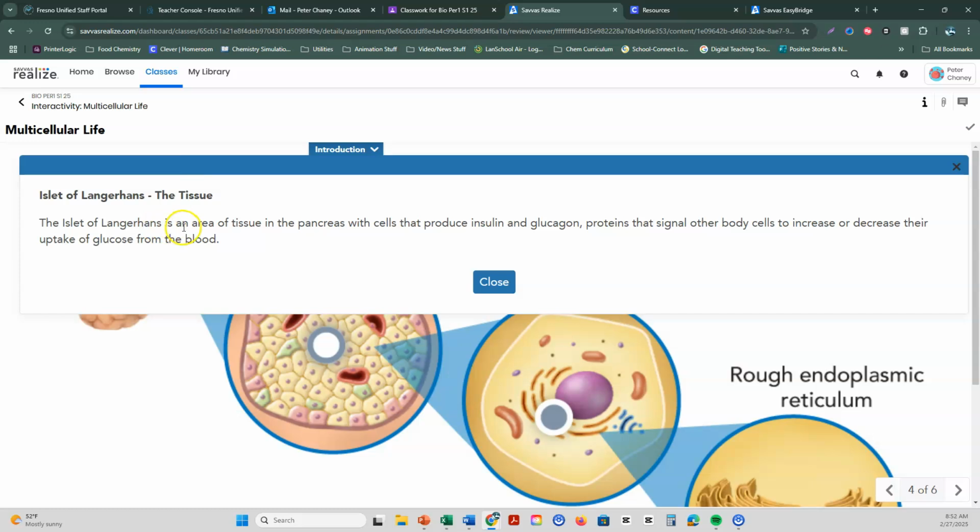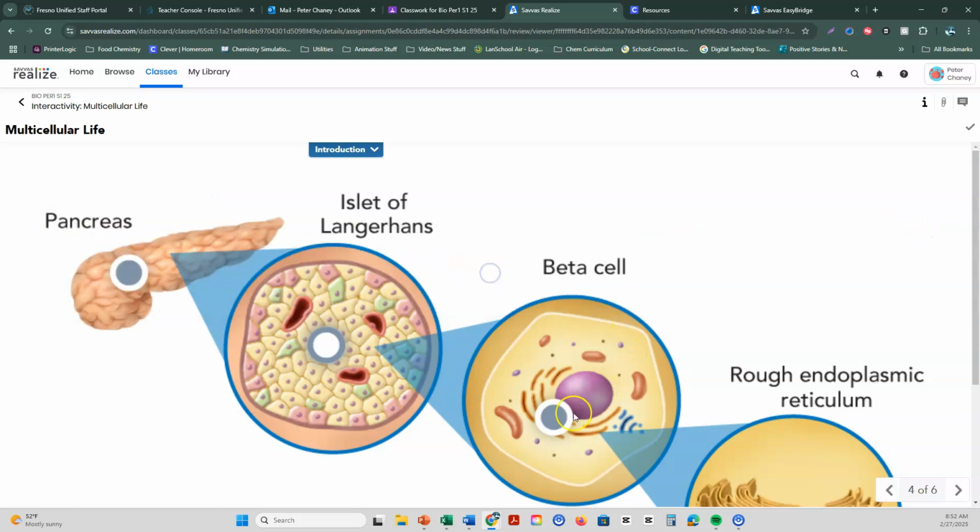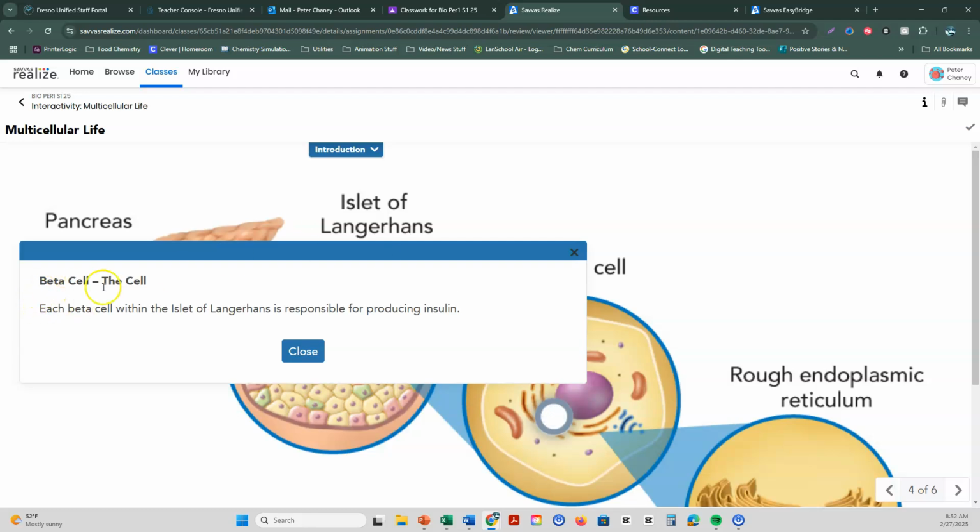It's an area of tissue in the pancreas with cells that produce insulin, glucagon, proteins, keyword again, proteins that signal other body cells to increase or decrease their uptake of glucose from the blood. Then we'll click on the beta cell. Each beta cell within the islet of Langerhans is responsible for producing insulin, again, insulin being a protein.